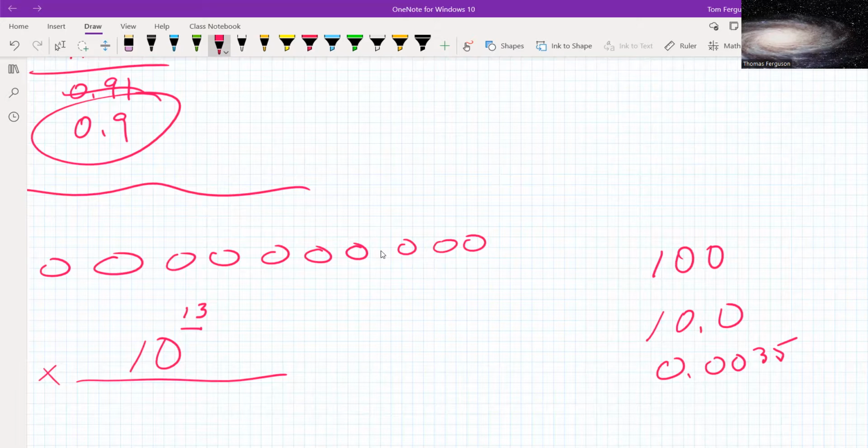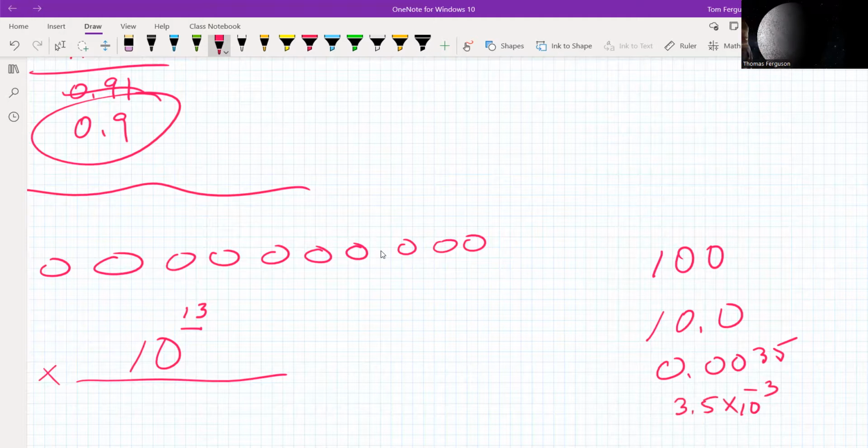Now, if we were to convert this to scientific notation, what would it be? How many sig figs does this have? 2. How many does that have? 2. Remember, when we go to scientific notation, the sig figs can't change.